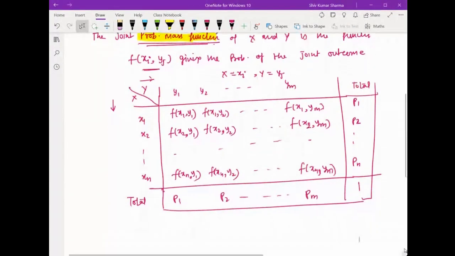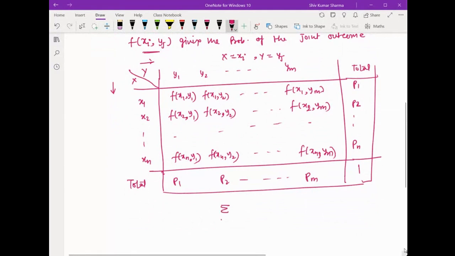So we can write the summation of i equal to 1 to n and the summation of j equal to 1 to m of the probability p of (xi, yj) is equal to 1.